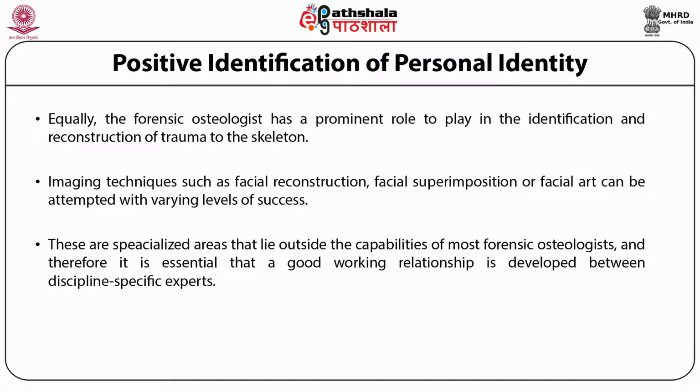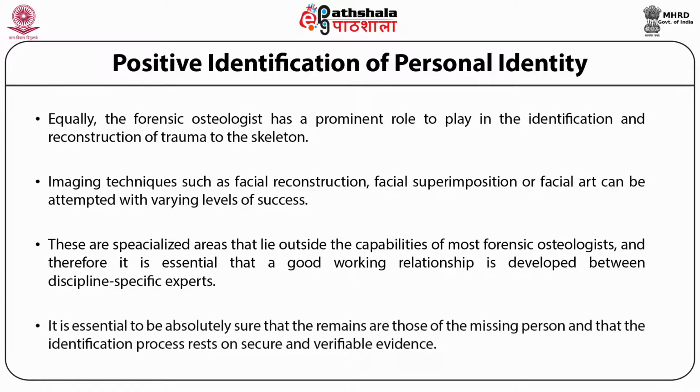The forensic osteologist may feel pressured by investigating authorities anxious to solve a case to make a positive identification of an individual. It is essential to be absolutely sure that the remains are those of the missing person and the identification process rests on secure and verifiable evidence.